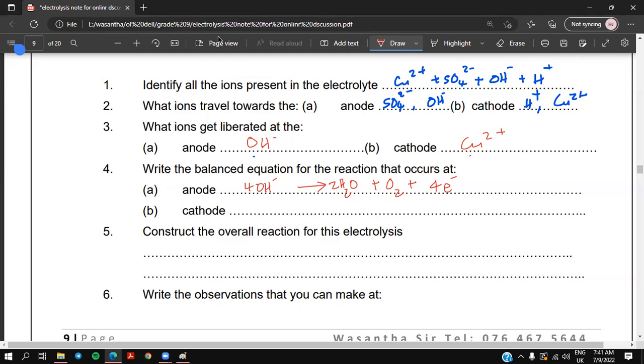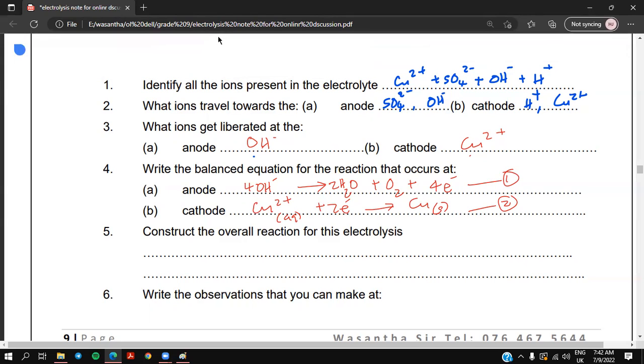Cu2+ plus 2 electrons gives copper solid. Okay, anode reaction is given, cathode reaction is given, no problem at all. These are the two reactions happening at the anode and cathode.